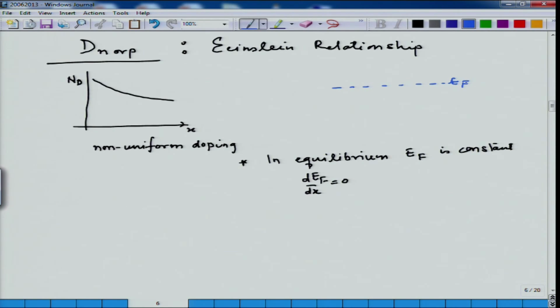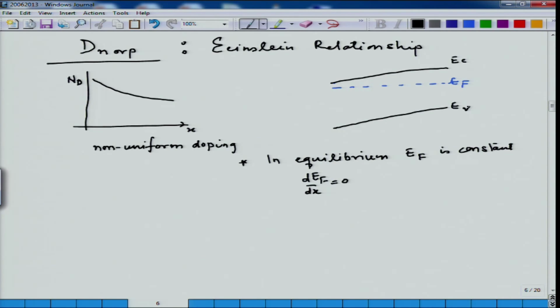Now, if the Fermi level is constant and I have a doping concentration which is changing in the x direction, I must have a higher concentration of carriers here and a lower concentration of carriers here, which basically means that in this material I have some amount of band bending of the semiconductor. Conduction band, valence band.